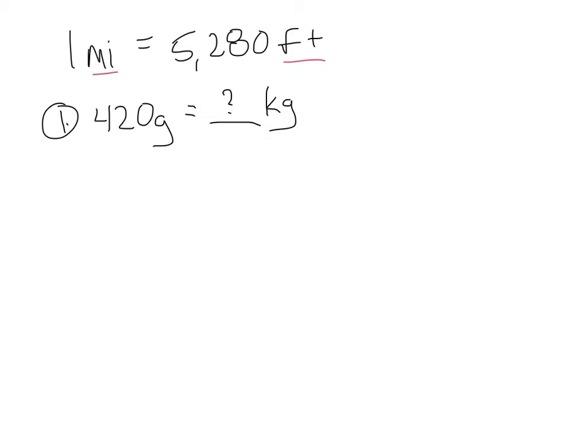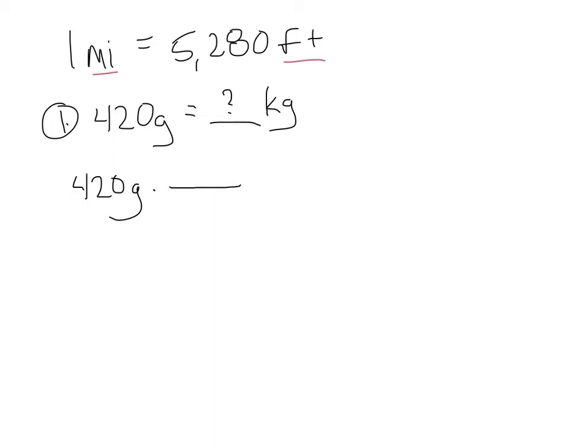Well, first of all, just write out your initial value, 420 grams. And as you probably recall, in the factor label method, what we do is we multiply it by 1, or that is by a fraction that equals 1. So let's add my multiply sign right there. Let's create a fraction that equals 1 and also does something else.